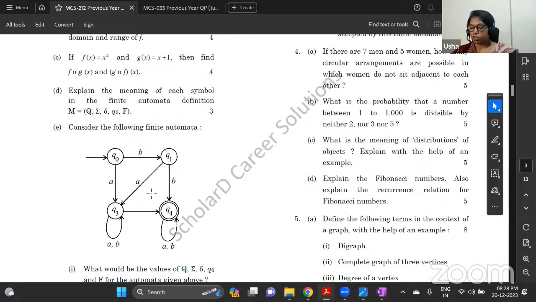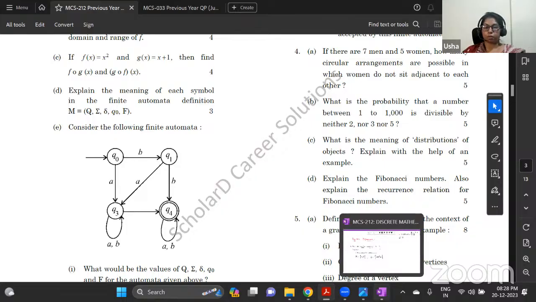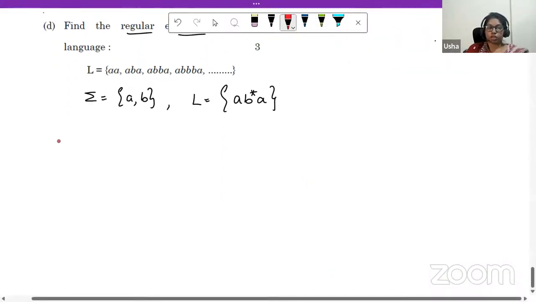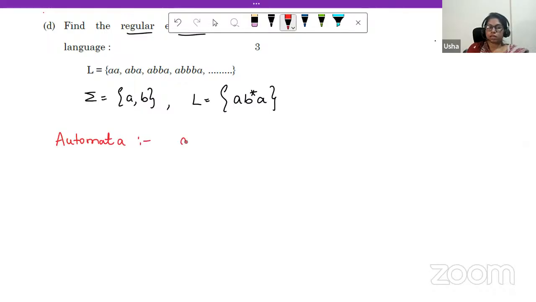See, automata is a machine that is used to accept or reject strings. These are used for pattern-based searching. Okay. Automata is a logical machine. It's not a physical machine. It's a logical machine that accepts or rejects a string.